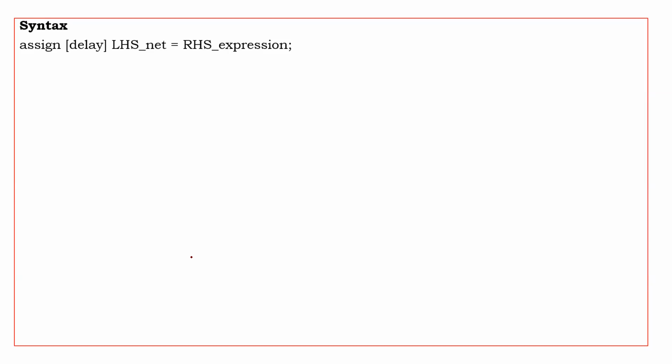See, here is an example. Write the assign. After that, write the delay. Then the left hand side variable is equal to the right hand side expression. First the right hand side expression will be evaluated. Whatever value it evaluates to is assigned to the left hand side variable with the delay you specified in the statement.